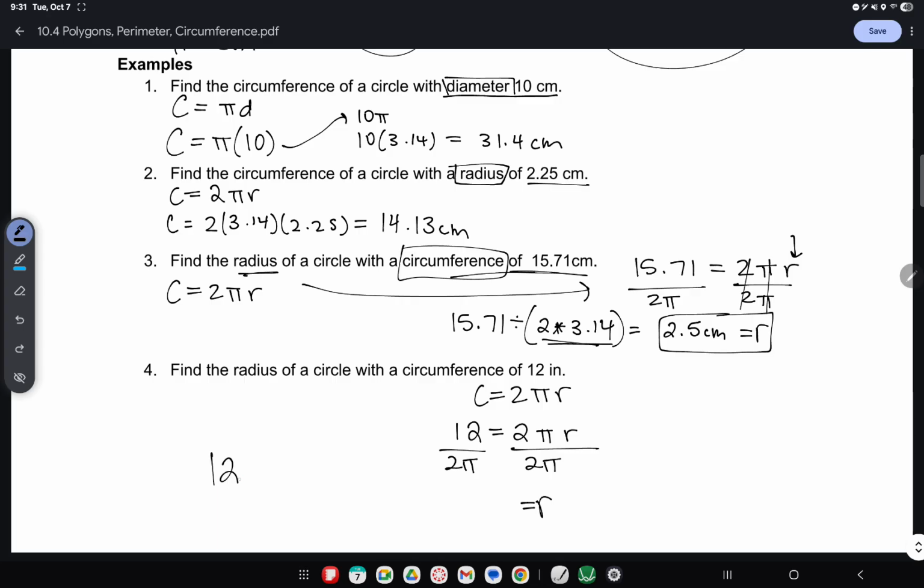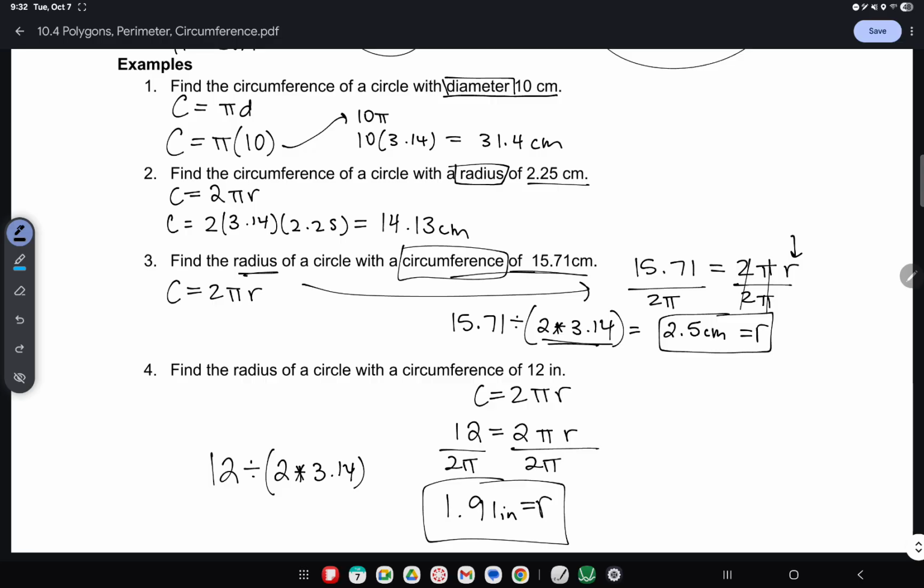And make sure we're typing it in correctly. So 12 divided by parentheses 2 times 3.14, which is 1.9108. So I'll just do 1.91, and then we're in inches this time.